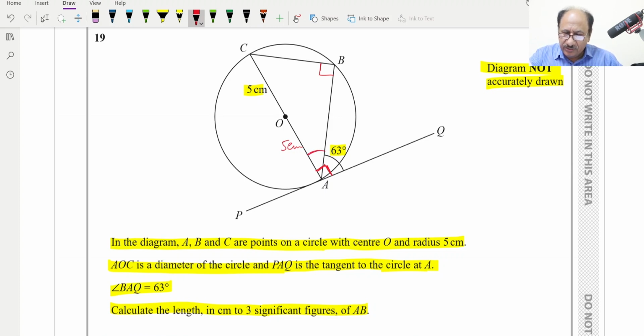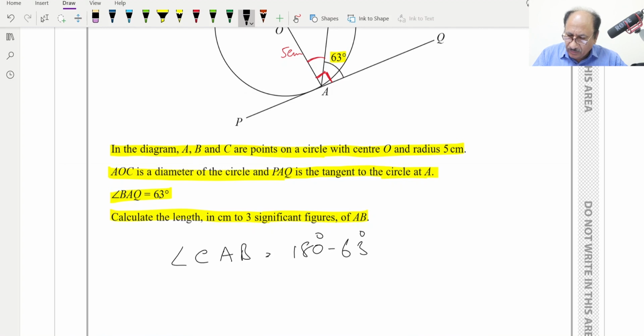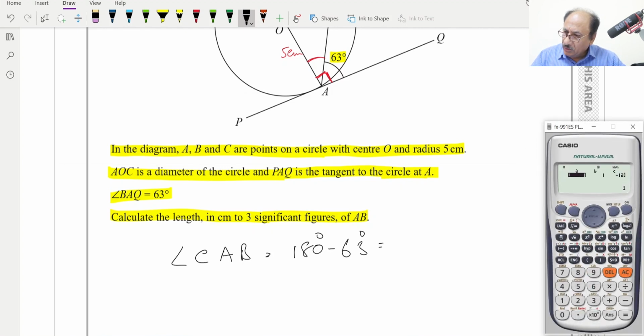So we can write working, angle CAB is equal to 90 minus 63 degrees, sorry, this should be 90.